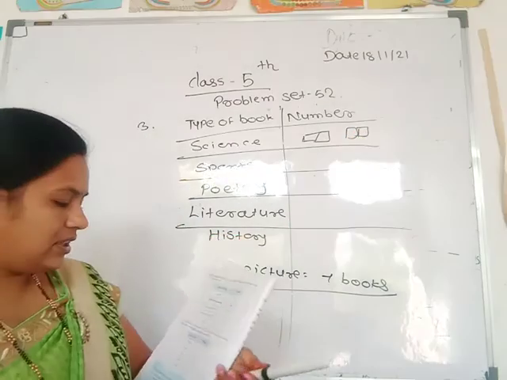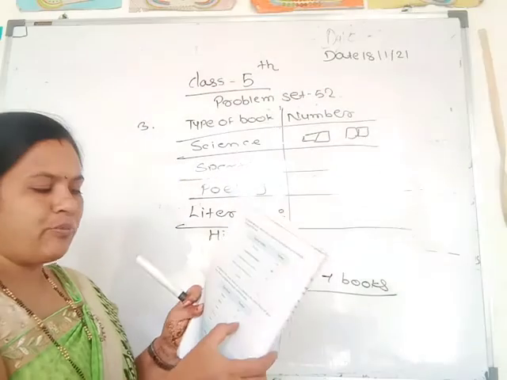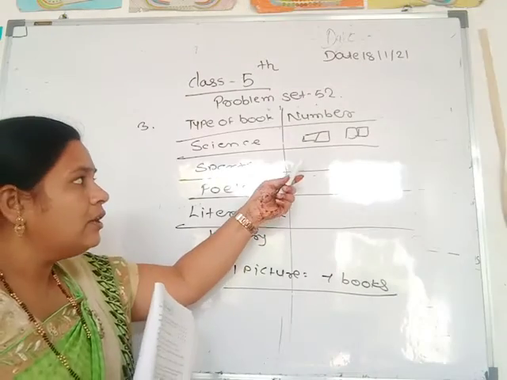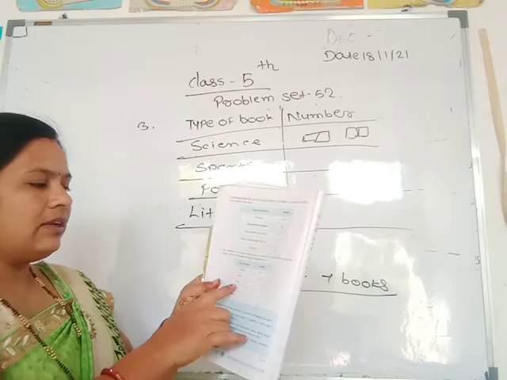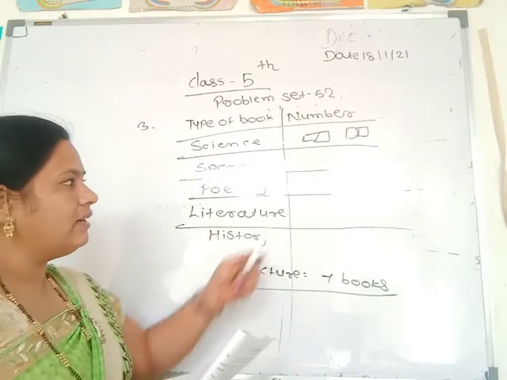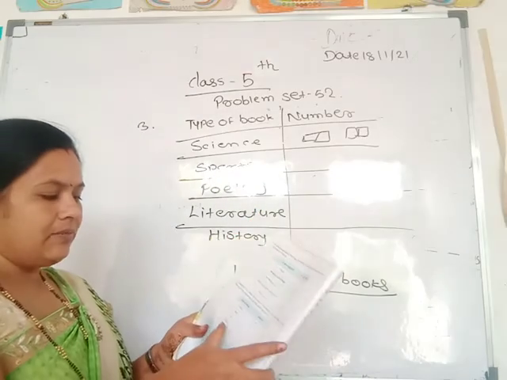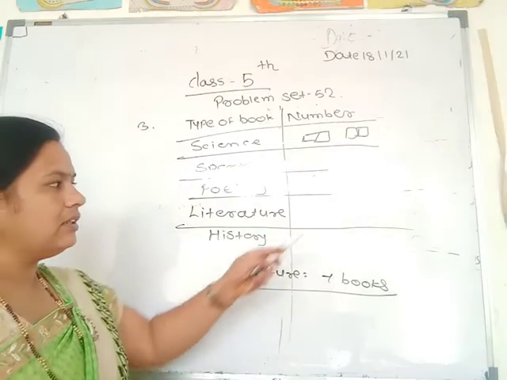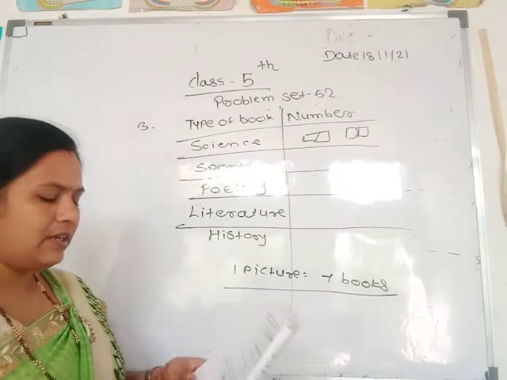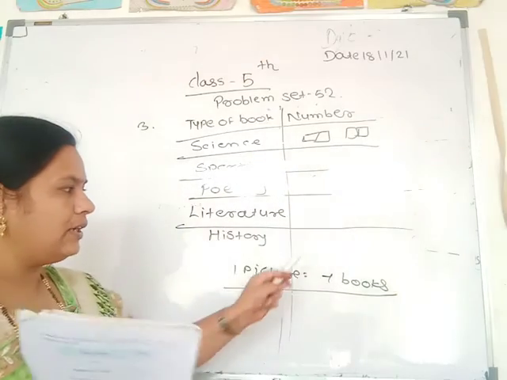Then second one, see here sports 14 means only 2 pictures you draw here. Then poetry 21 means 3 pictures. Literature 35 means 5 pictures. Books and history only 1.